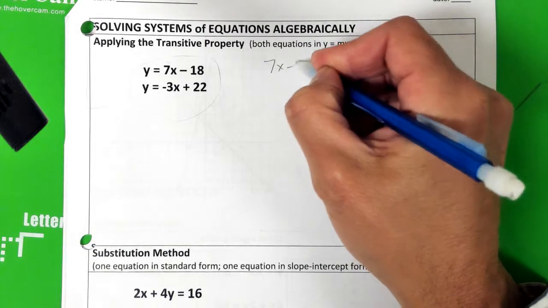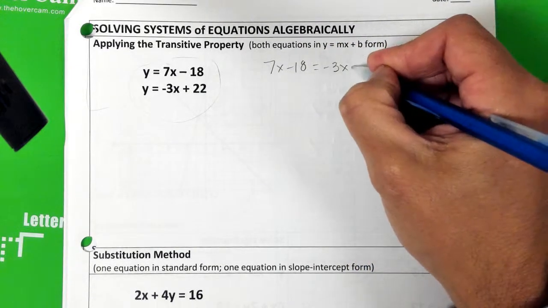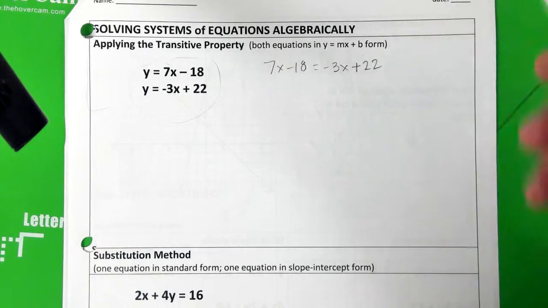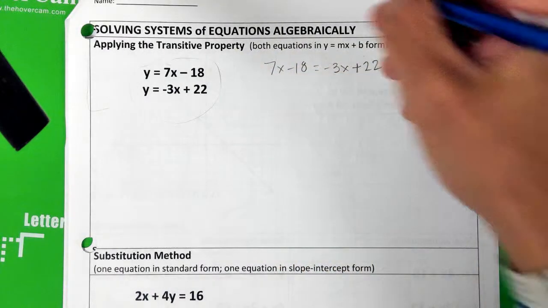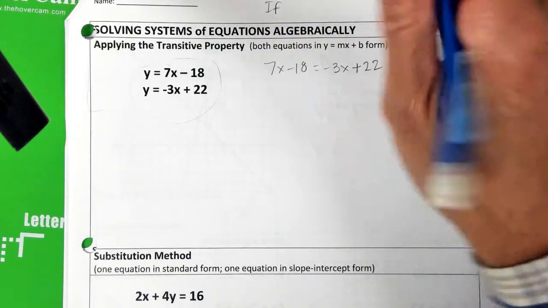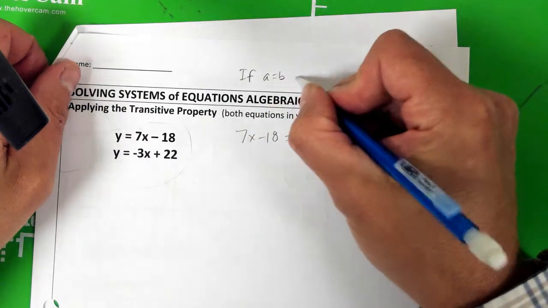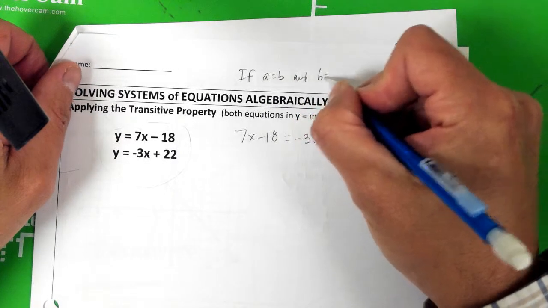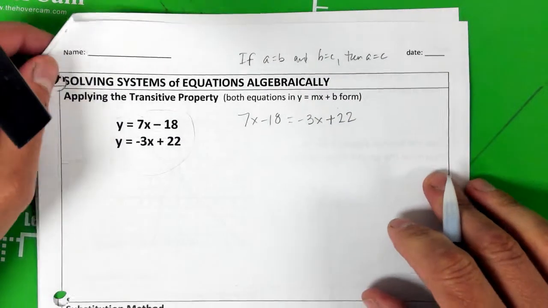Okay, so the setup for this one should look like this. 7x minus 18 is equal to negative 3x plus 22. So for those that may have forgotten, the transitive property says if A equals B and B equals C, then A equals C. What does that mean?